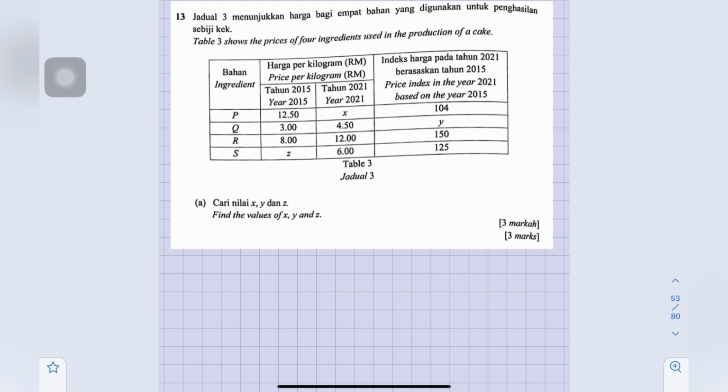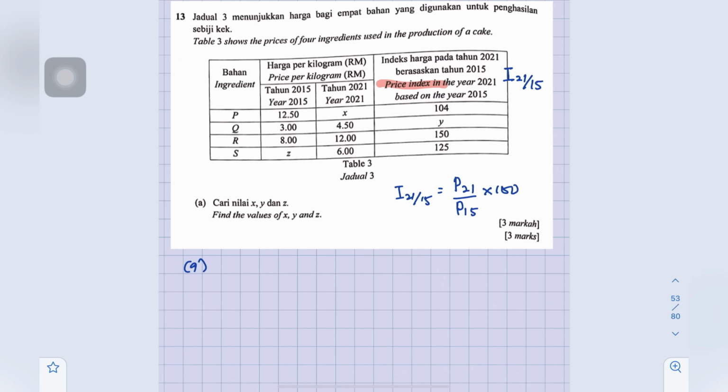A, find the values of X, Y, and Z. This is I 21 base 15. Using the formula of price index, I 21 base 15 equals price in the year 2021 over price in the year 2015 times 100. So we can find the values of X, Y, and Z.